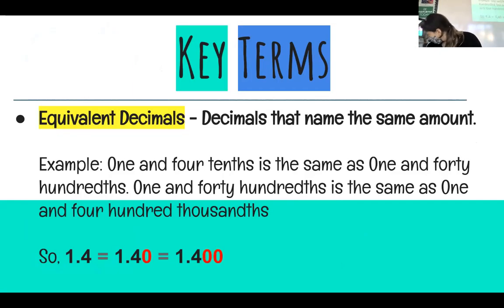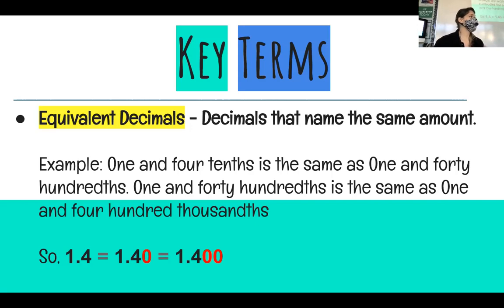All right. First key terms for us to review. Again, we had a preview of this in yesterday's lesson, but official terminology, equivalent decimals. Just like with equivalent fractions, equivalent decimals are decimals that name the same amount. For example, if I was writing 1 4/10, 1 4/10 is going to have the same value as 1 40/100 and 1 400/1000.